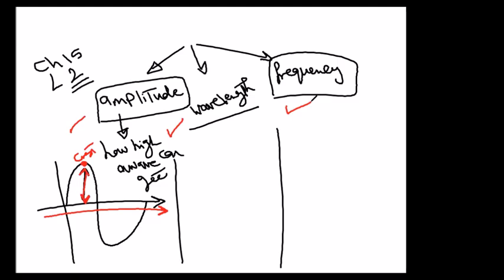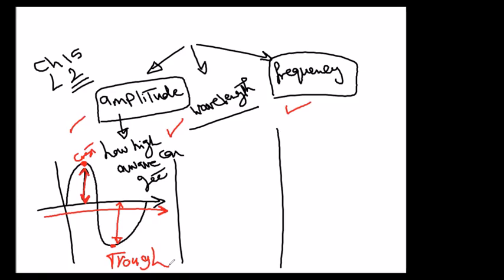The scientific definition of amplitude is the distance from rest position to the highest point on a wave, or the distance from the rest position to the lowest point of a wave, which we call the trough. Trough, yes, that's right. So that's amplitude, guys. This is the amplitude. Do you have any questions?